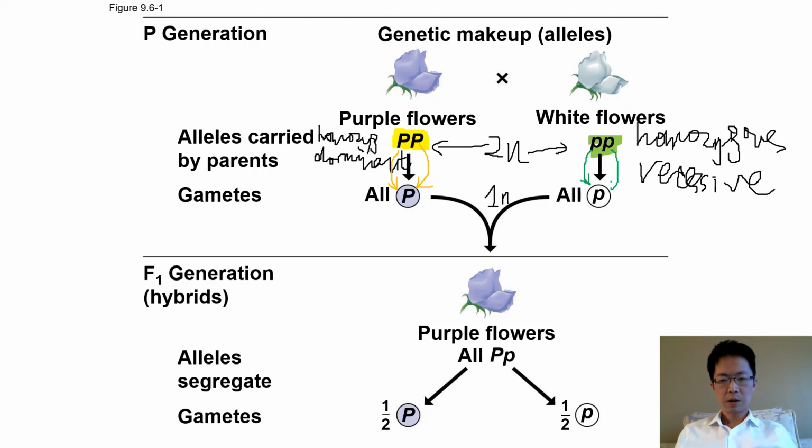So the arrow here is basically the meiosis here. Formation of gamete, meiosis. So all these are meiosis. 2n are here, 1n are the gametes.